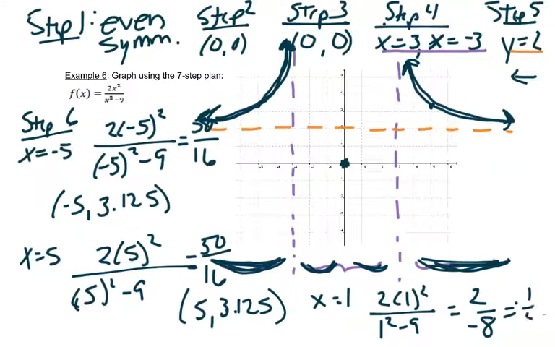So I get negative 1/4. So this is the point 1, negative 1/4. So it's about right there somewhere. And even symmetry means that I'm going to have the same point on the other side of the y-axis, right here. And that tells me that the curve in the middle is going to be a little bit like a parabola going down. And that's my graph, 3 pieces.